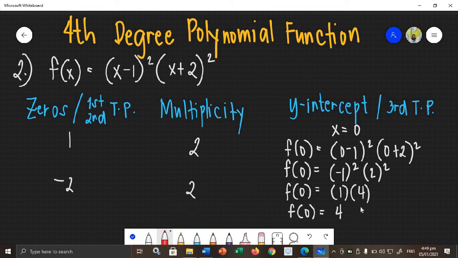we need to make it into an ordered pair. So we will write 0 as your x and then 4 as your y. So yun, kailangan nakasulat sa ordered pair kasi we need to plot this.